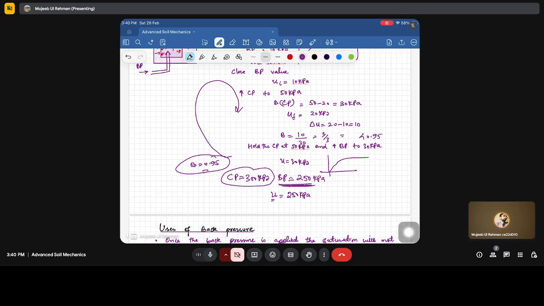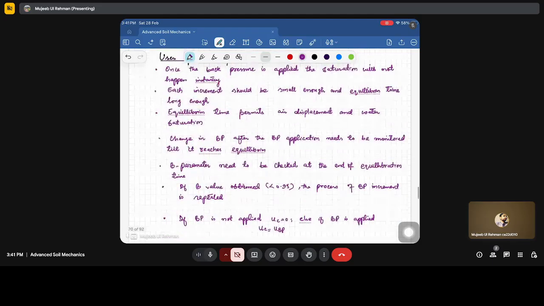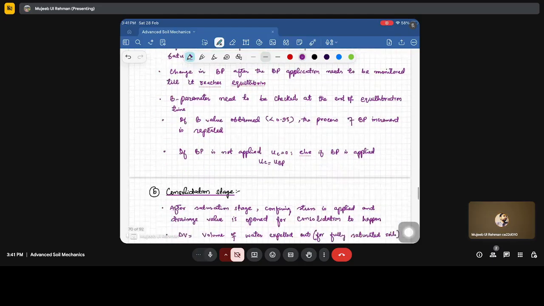Let's assume we want a confinement consolidation at 100 kPa. We will keep the back pressure of 250 constant and increase the cell pressure by 50, because the difference is 50, and by adding an additional difference of 50 we will reach the consolidation pressure of 100 kPa. So during the whole consolidation and shearing process, this back pressure should be kept as it is. We should not release it.